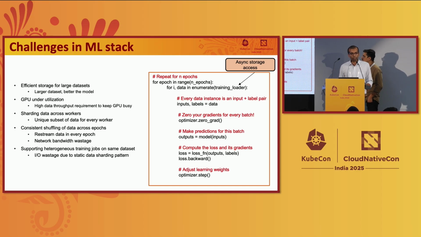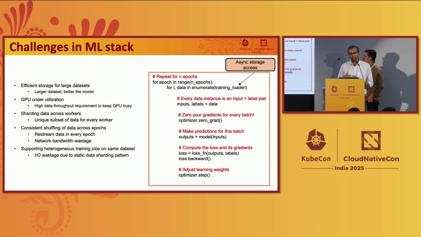The other point is about shuffling. In any deep learning network, the data is shuffled between epochs for multiple reasons, to ensure that you are not overfitting to the data. There are many reasons for that. Shuffling means you have to provide a different data distribution in each epoch. You don't say you have an order in the first epoch and the same order in the second epoch; it has to be different.